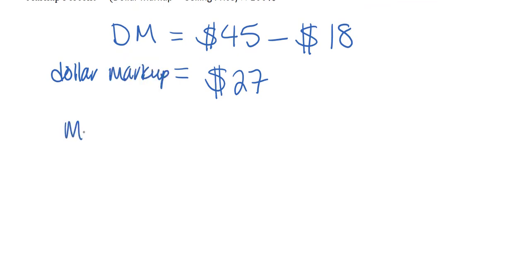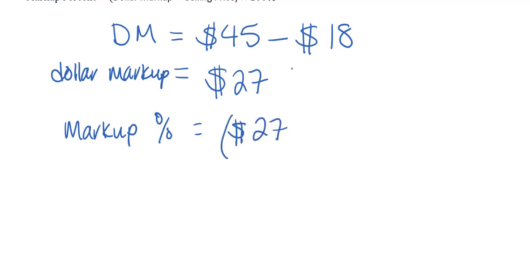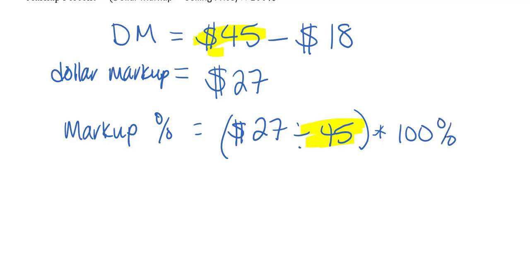Now our markup percent, I'm just going to keep it a little bit shorter. We're going to put in the $27 divided by our selling price, which is 45. Then multiply the whole thing by 100%.